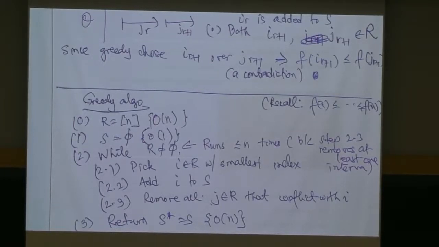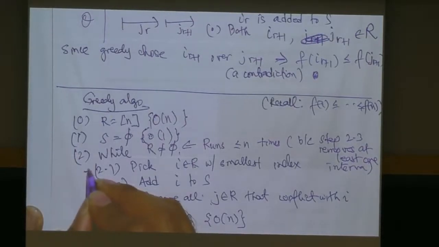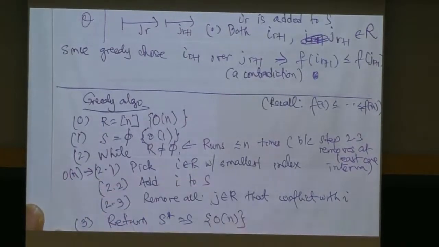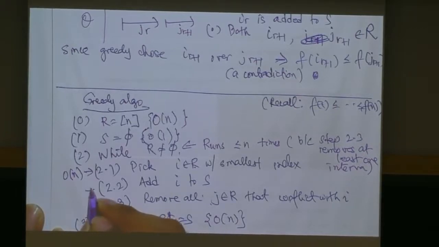So in general, this set R could be of a fairly big size, again of size n. And so if you want to find the minimum index among all the possible n values, you can again spend up to O of n time. So picking this smallest index in the worst case can take O of n time.